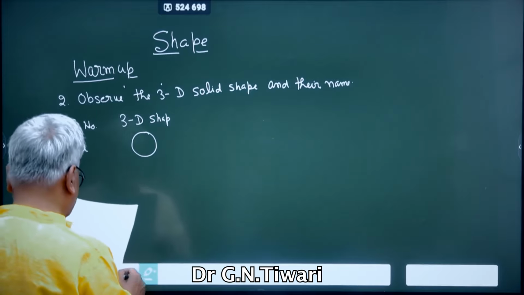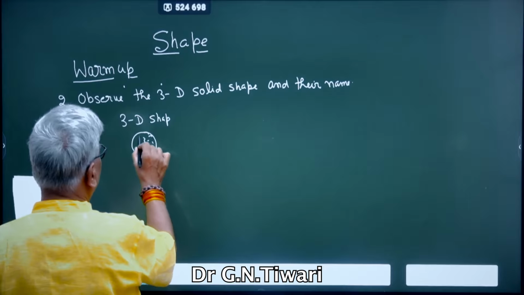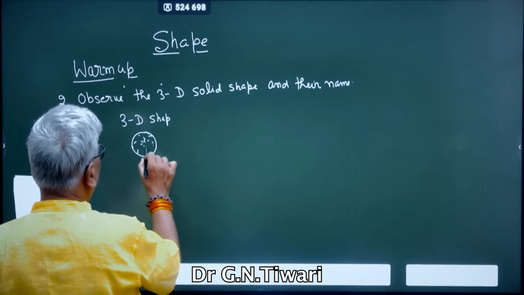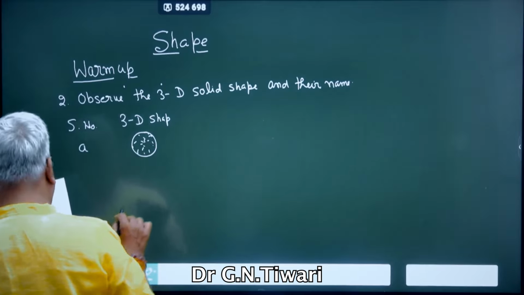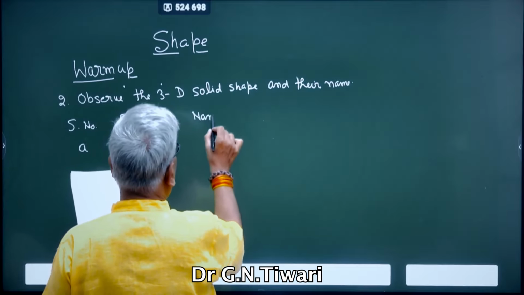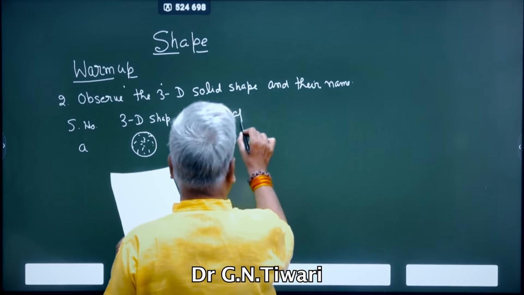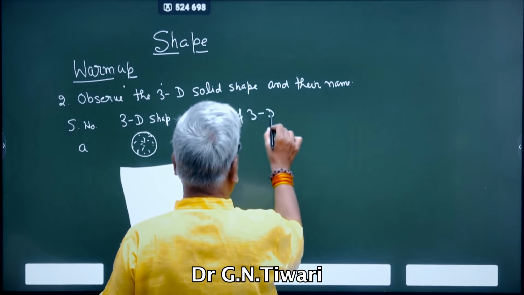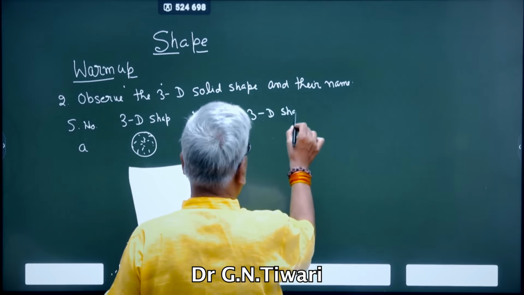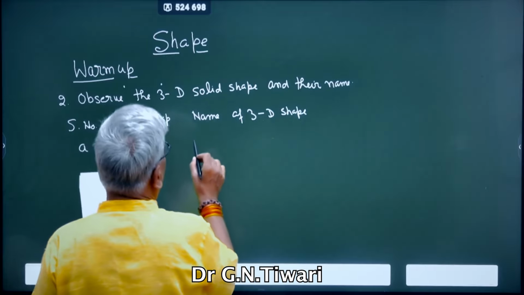In ball you have to make a circle, then after that you can just draw like this. This is the way in which name of 3D shape. अब इसका देखिए नाम क्या है, स्फेयर.